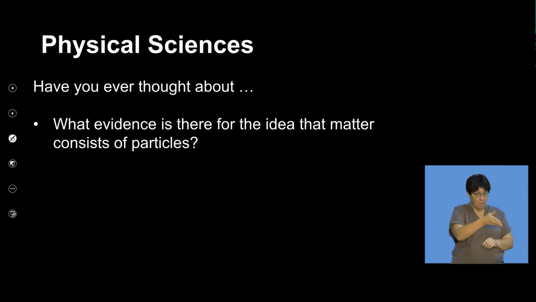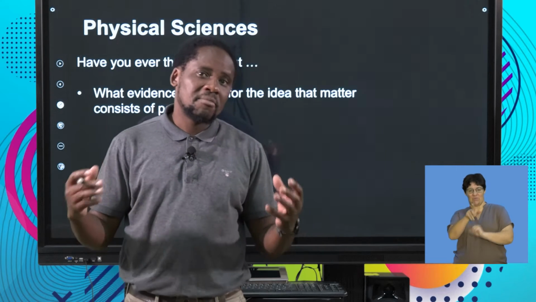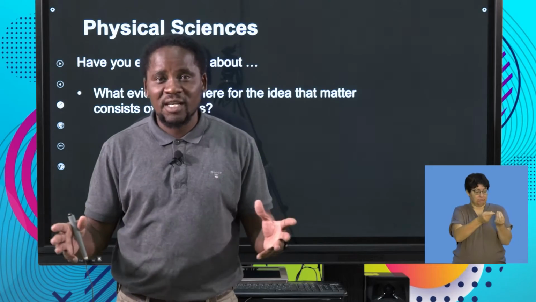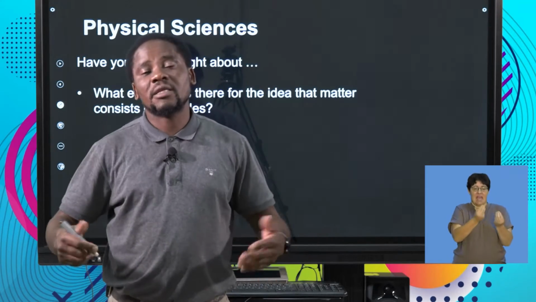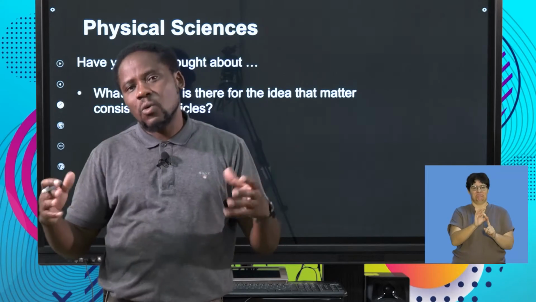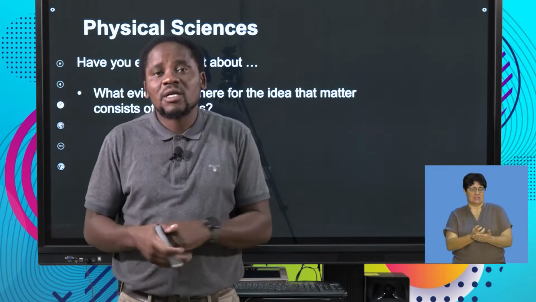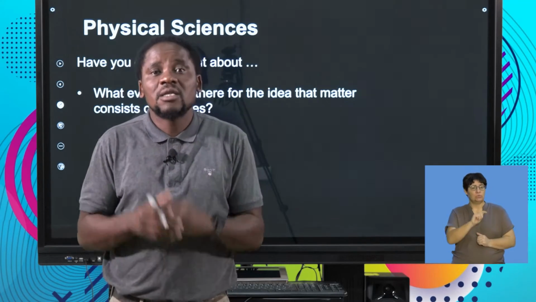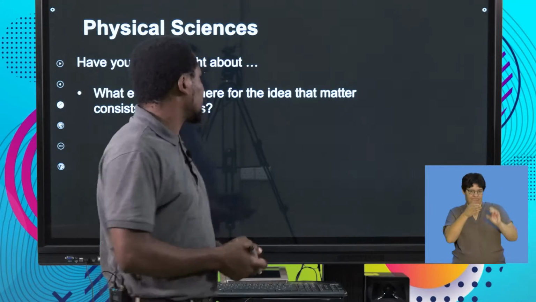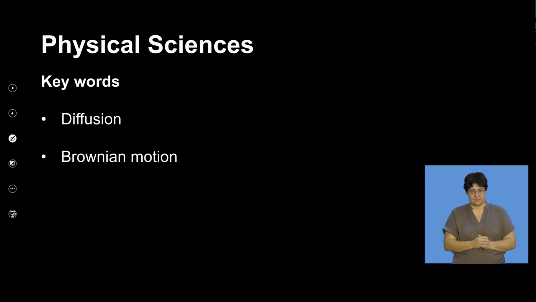In the background, we understand that matter is anything that has mass and occupies space. So what evidence is there for us to say that matter consists of what we would call particles? That's the big idea.